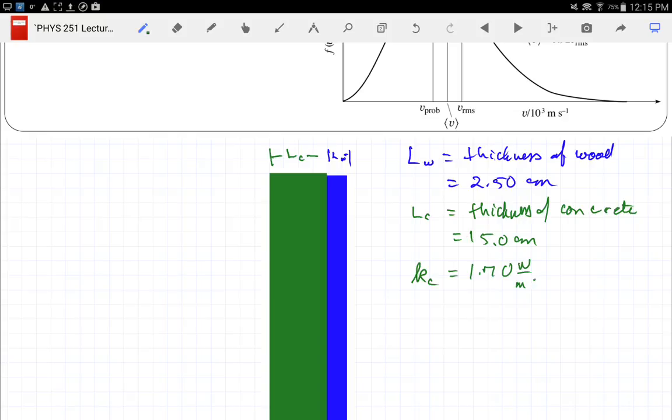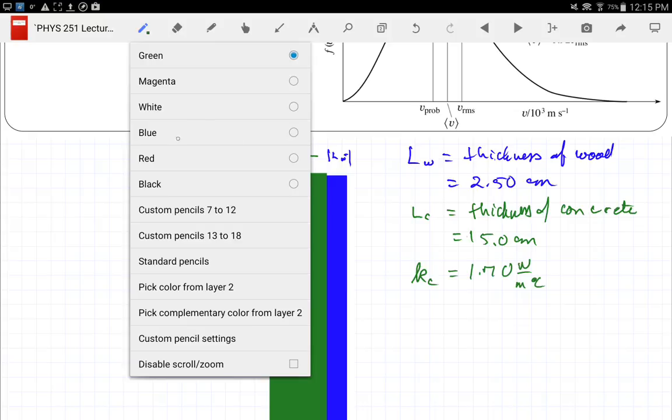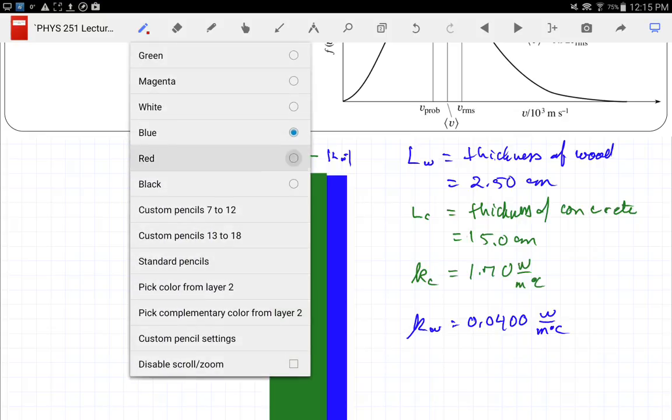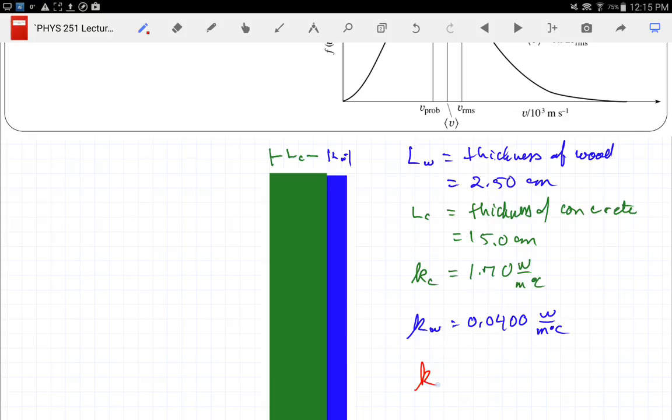And of course, the wood they also give us 0.0407. So they gave us those numbers, and then they finally simply ask us, what is K effective?